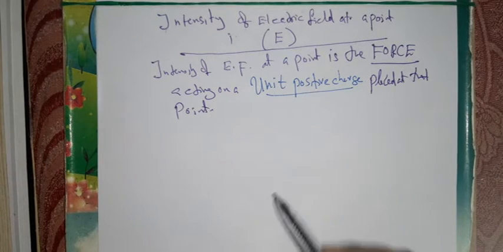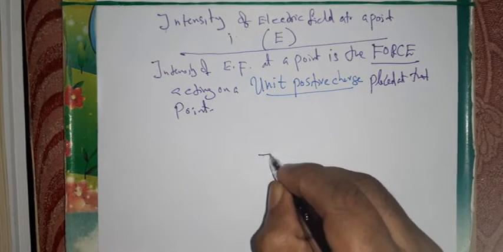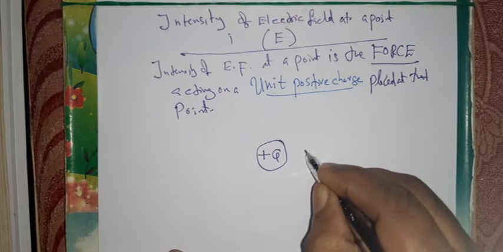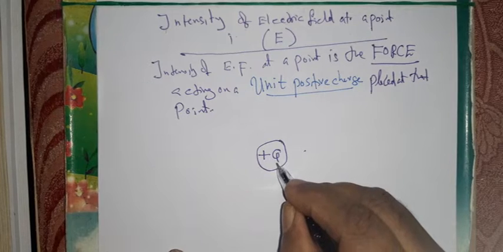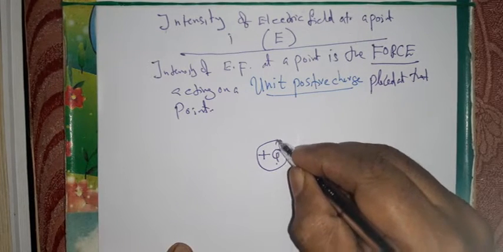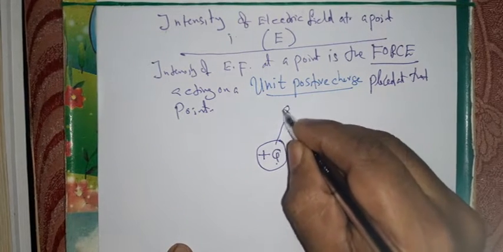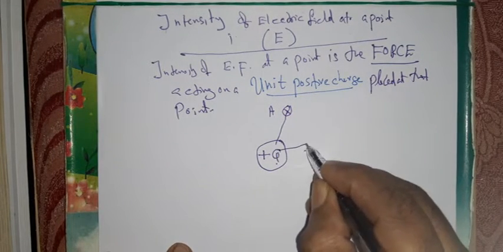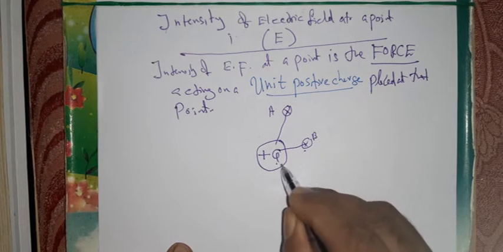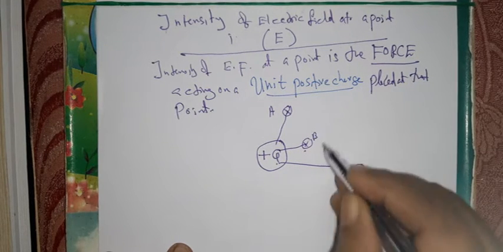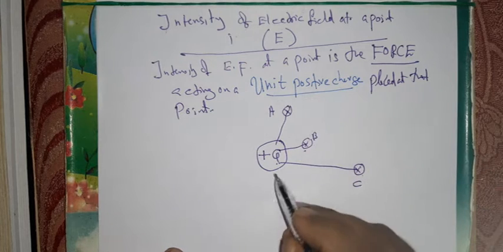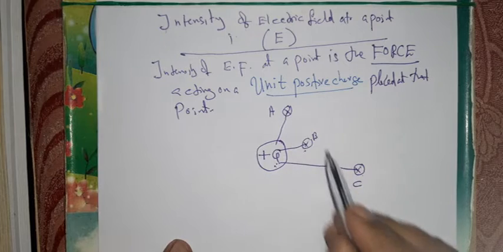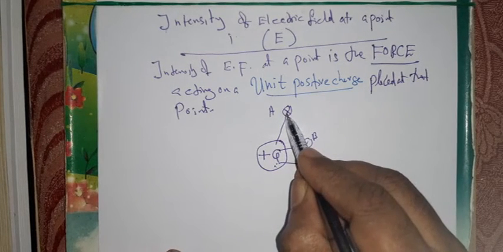To understand this, you can take the previous example. You can take the plus Q charge here. Then this space is the electric field of plus Q. You can take a point here, A, another point B, another point C. Therefore, A, B and C are the 3 points in the electric field of plus Q. Then you can ask the question, what is the intensity of the electric field at A?